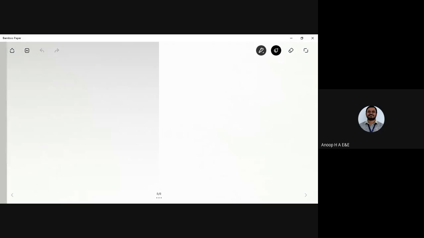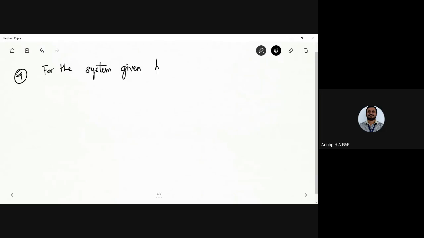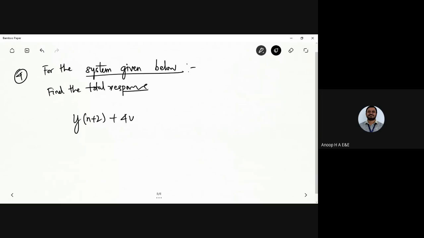Next, the fourth one. For the system given below, find the total response, where y of n plus 2 plus 4 times y of n plus 1 plus 4 y of n would be equal to 2 power n u of n.